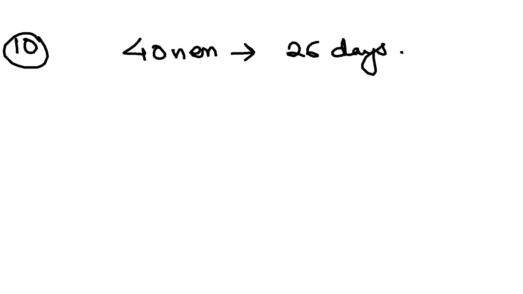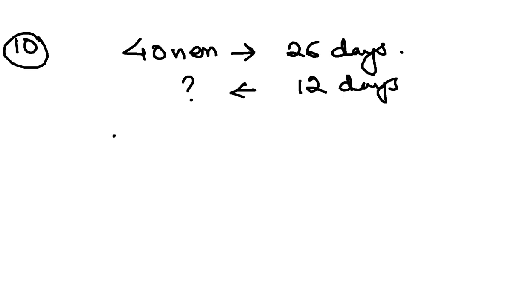Last one, number 10. 40 men can finish a piece of work in 26 days. How many men will be needed to finish it in 12 days? If I have to do it in fewer days, the number of men will be more. Is it direct or inverse? Inverse. If days decrease, men increase, the opposite.